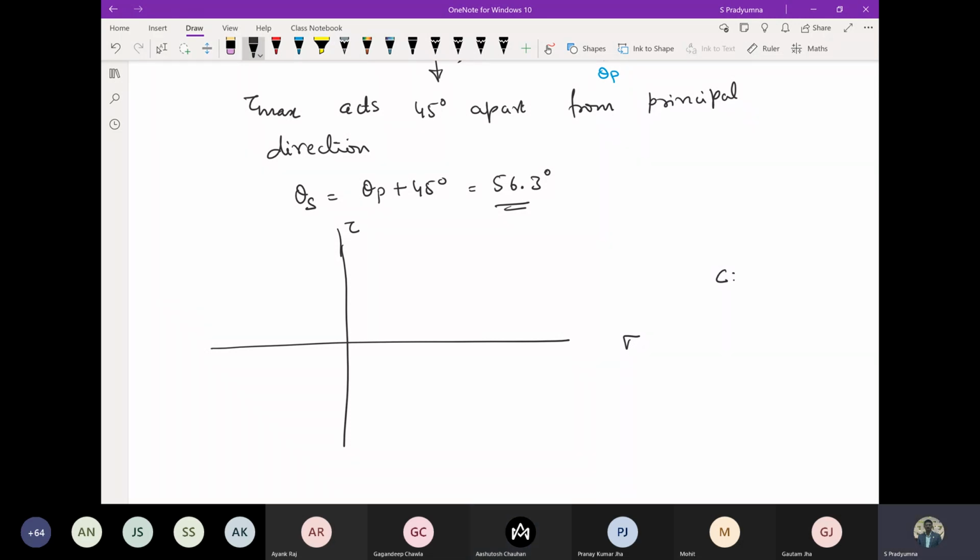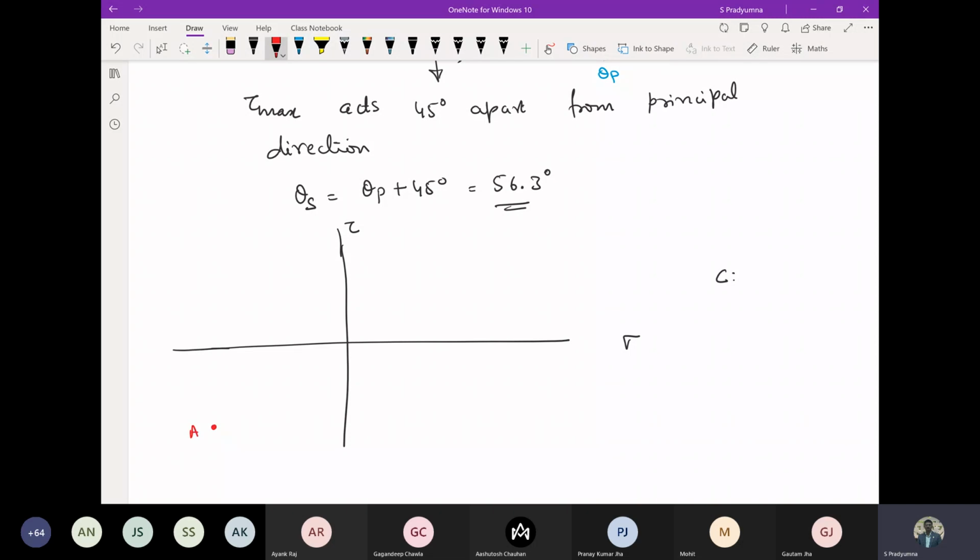What is the center of the Mohr circle for this? Or let us say I want to just draw this. Let's say I want to first locate sigma x and tau xy. Sigma x is negative, so I go to the left side of this vertical axis, minus 64 and minus 20. So this is the point somewhere I get here.